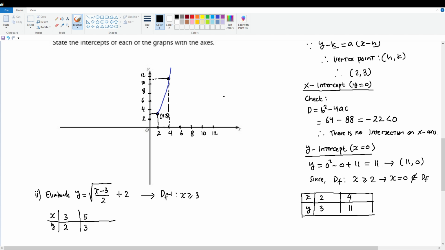Okay, so let's put the point (3, 2). So the position 3 must be on here and 2 on here. So this is the point (3, 2). Okay, after that, the position x equals 5 must be on here, and then 3 must be on here. So let's draw the position of (5, 3).